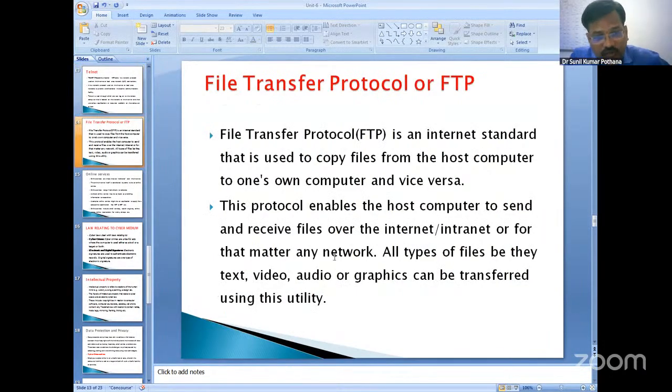Another one is the file transfer protocol, generally called FTP. File transfer protocol is an internet standard used to copy files from the host computer to one's own computer and vice versa: own computer to host and host to own computer.